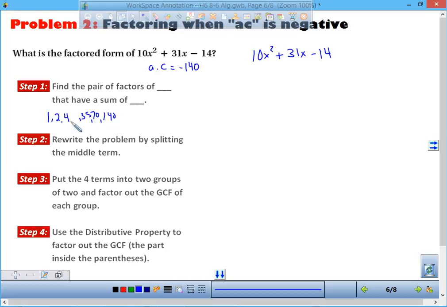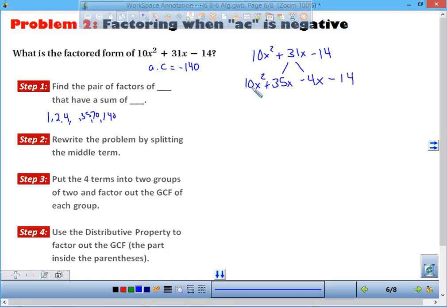And there would be our two numbers, 4 and 35. I'm going to use positive 35. So I break 31x into 35x and negative 4x. 35 and negative 4 have the same value as 31, but now it's going to be a little bit easier for me to factor.